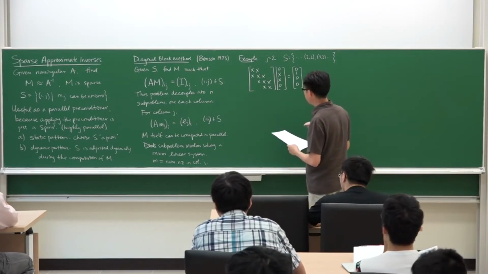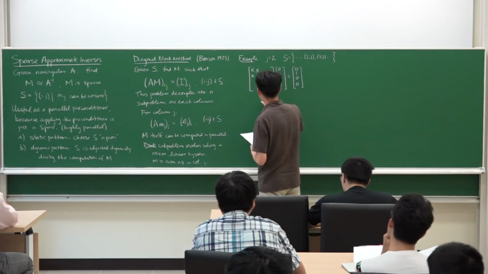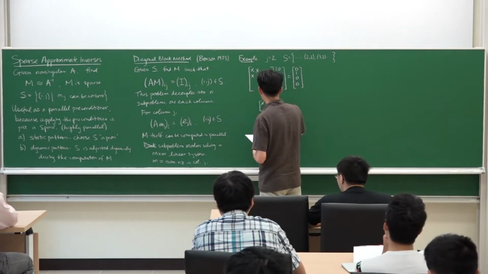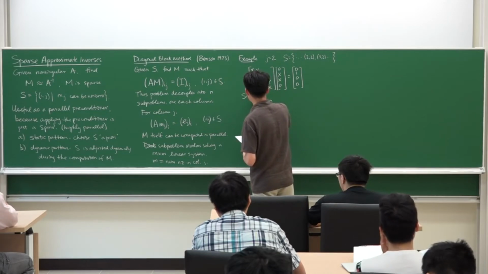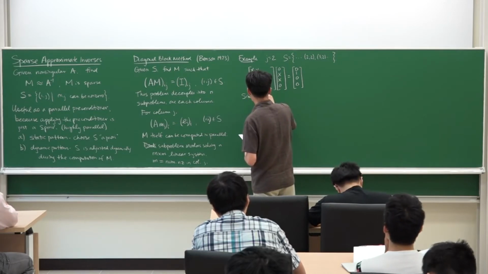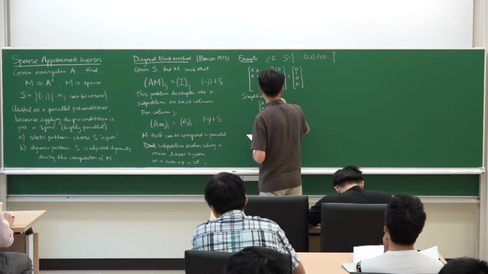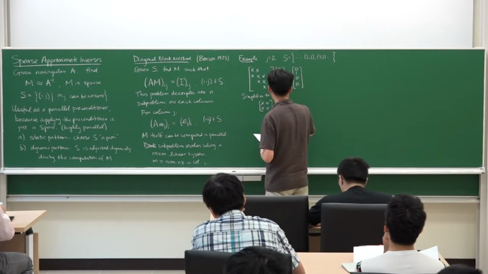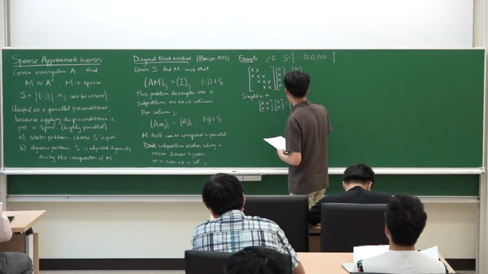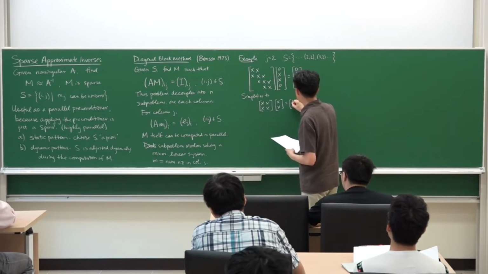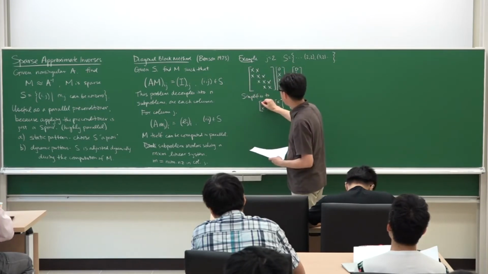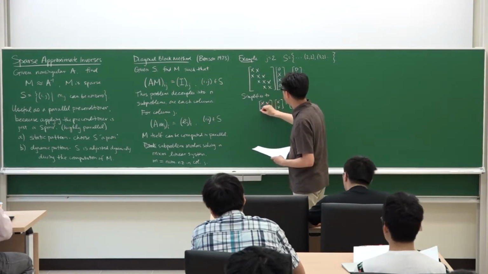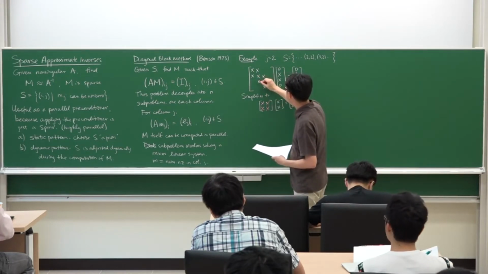So this simplifies to looking at a small system, where these four x's are these four values here.